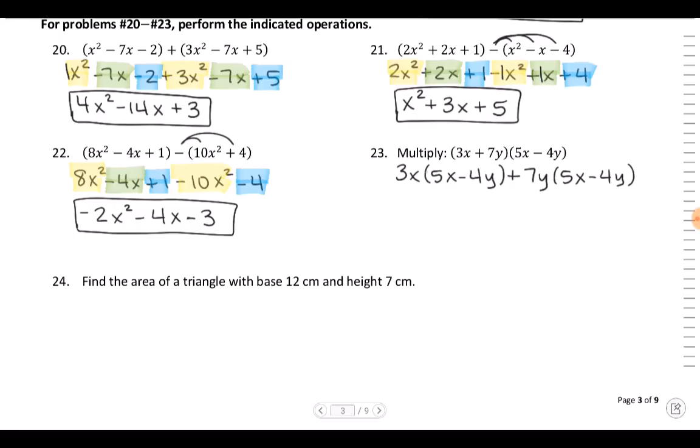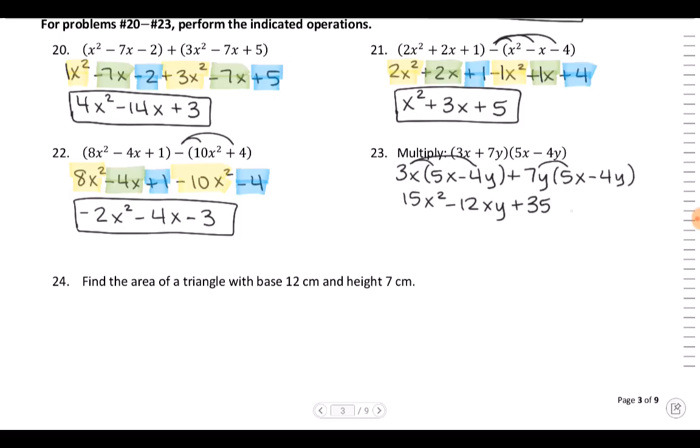So we are distributing this second set of parentheses to each thing in my first set. And then once you split it up, then you distribute individually. So 3x times 5x would be 15x squared. And then negative 12xy. Since they're different letters, you just have to write them next to each other. And then over here, you have positive 35.